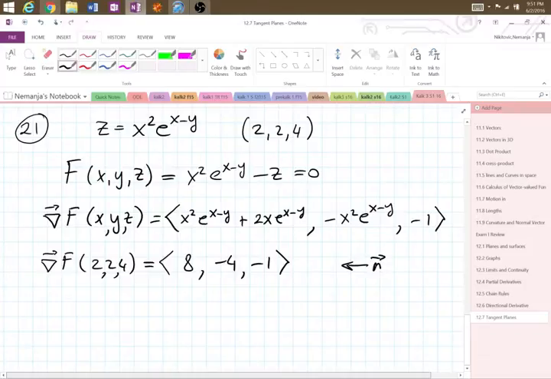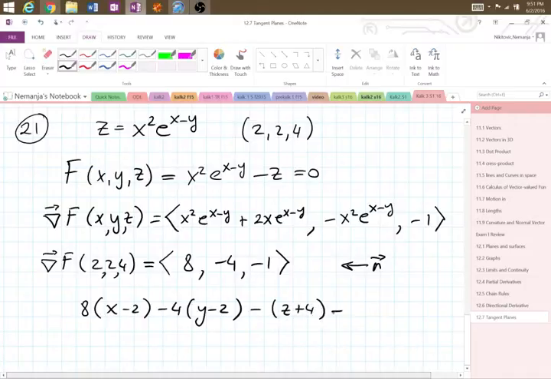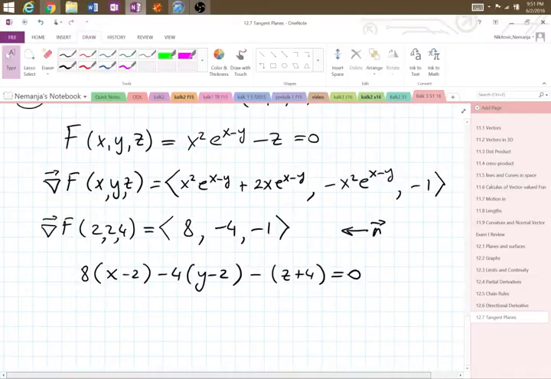And all we need to do now is to put the tangent plane together. So 8(x minus 2) minus 4(y minus 2) minus 1(z plus 4) equals 0.